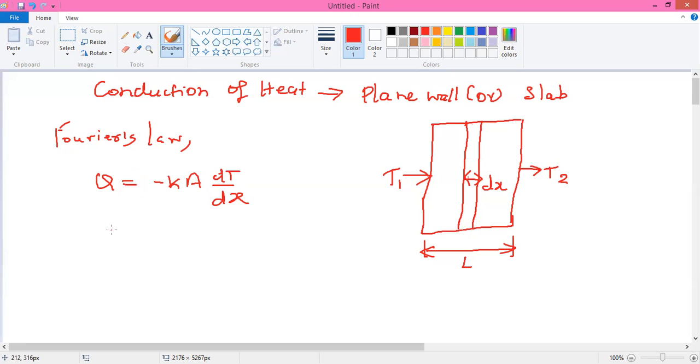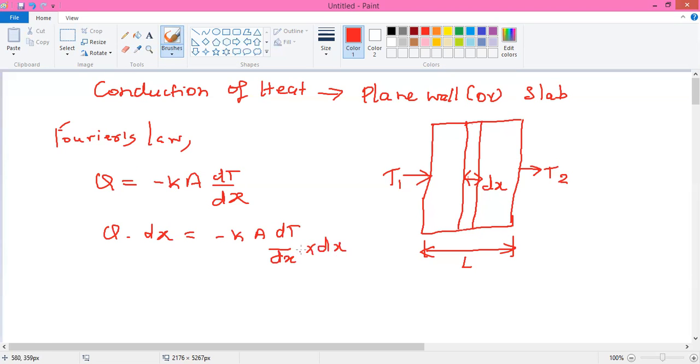Before integrating, dx should be multiplied on both sides, that is LHS and RHS. So Q dx equals minus KA dT by dx into dx.